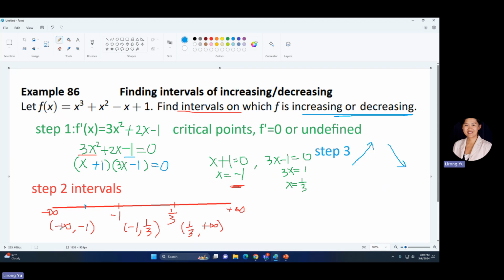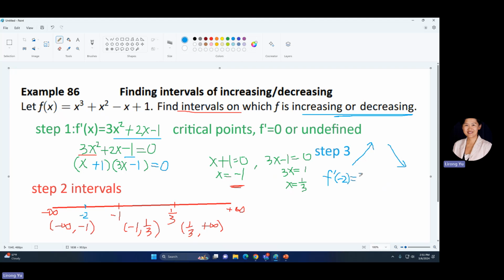For example, between negative infinity and -1, there's -2, so I'm using -2 as a testing point. Let's find the derivative function's value at -2. Remember, the derivative tells you increasing or decreasing, so I'm going to calculate it and see if it's positive or negative. That's our derivative.